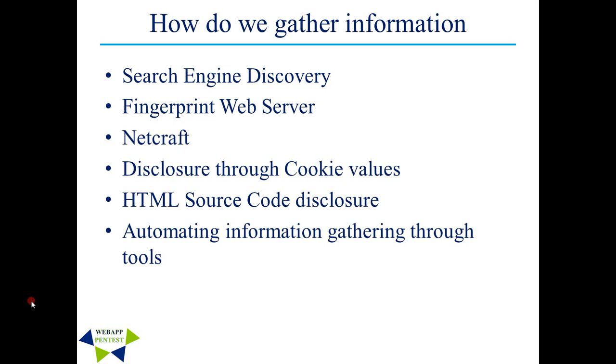We can go through the HTML source code of each of the pages of the application and try to identify what technology it is using. Also, in order to speed up the process, we can use automated tools to gather that information for us. Let's look in detail at each one of these.